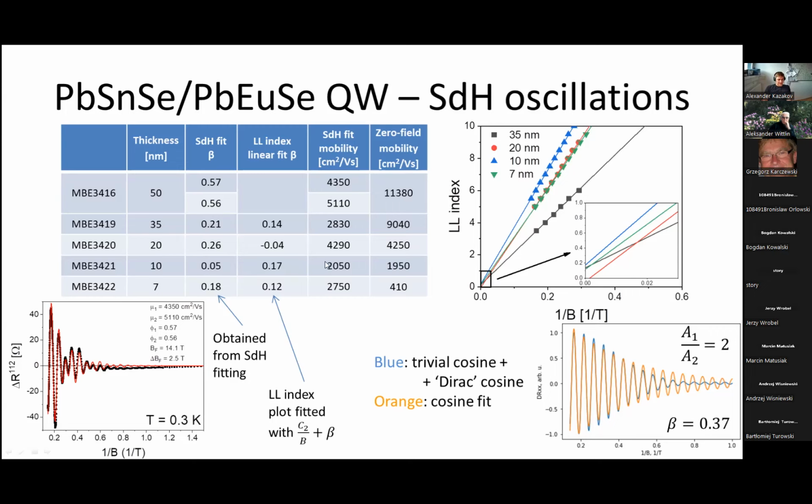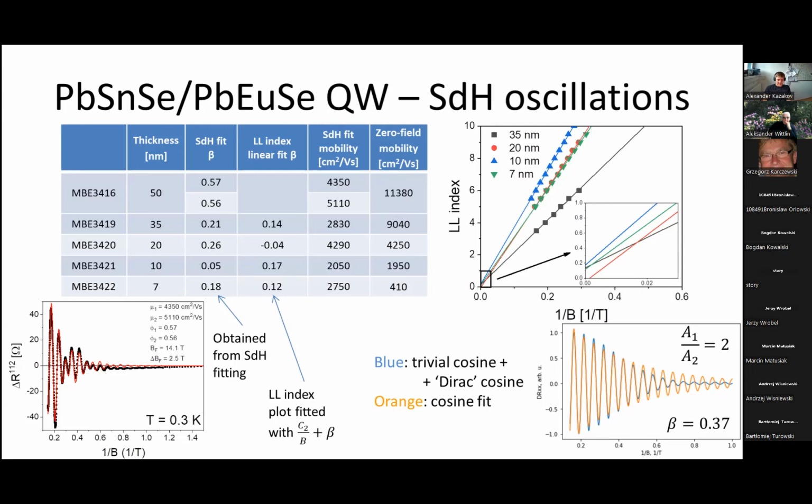So we also checked it with the approach of plotting the Landau level index, assigning integer values to the minima and half-integer to the maxima, and fitting it with a linear curve as a function of 1 over B. So we also achieved quite random values, and we are not sure why this is happening.